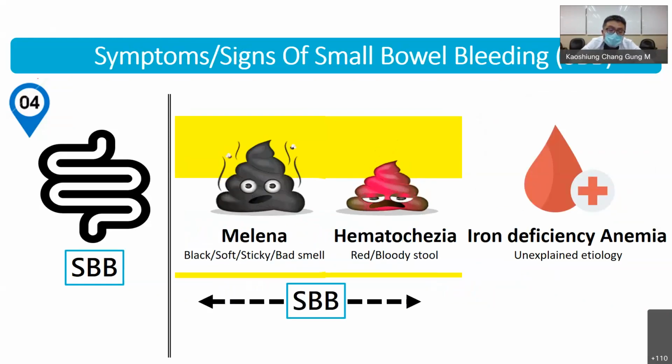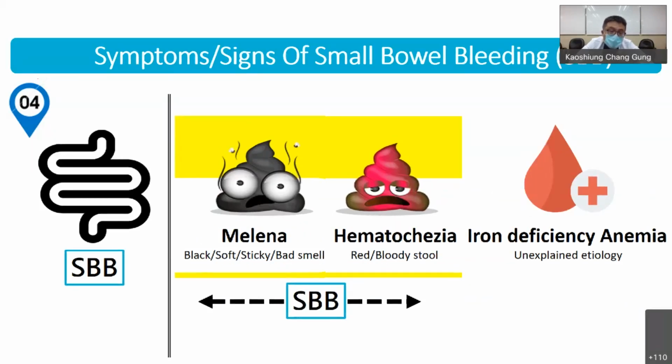How about the presentation of small bowel bleeding? Like we said, because the small intestine is long, the presentation of small bowel bleeding can be melena or hematochezia, depending on the lesion site. If the bleeder is located in the proximal intestine, like the jejunum, maybe patients will present with tarry stool.